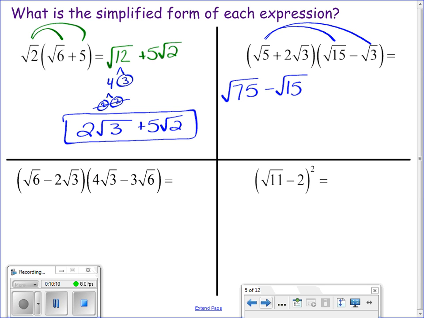Then what? Good, then we'll do 2 radical 3 times radical 15. 2 radical 45. And then 2 radical 3 times a negative radical 3.